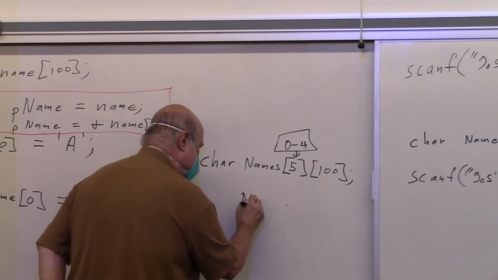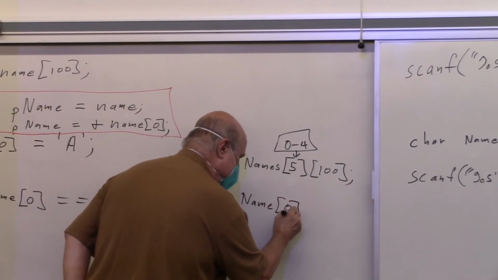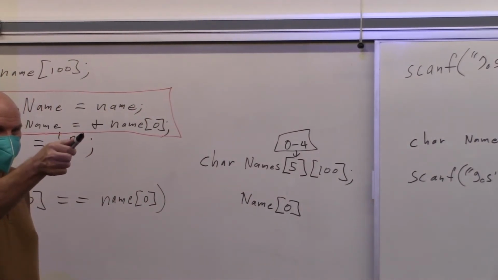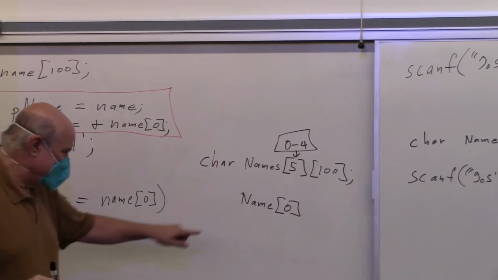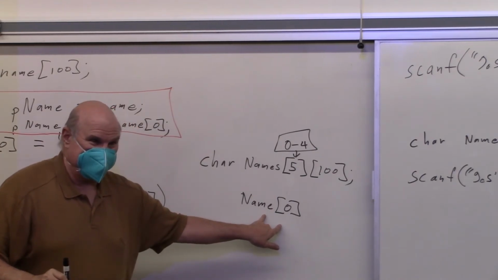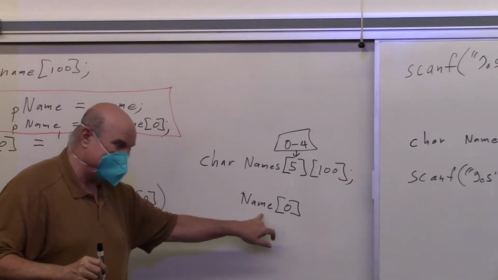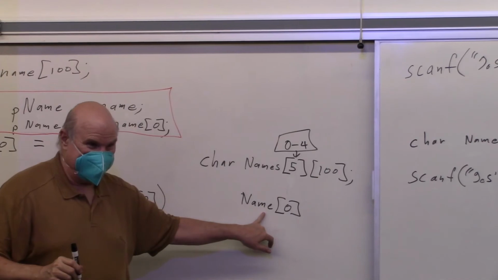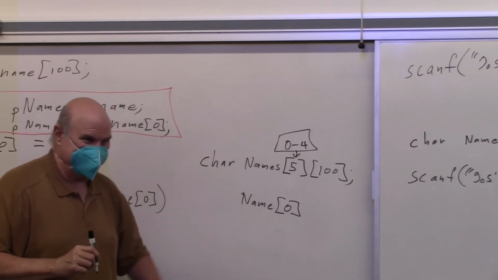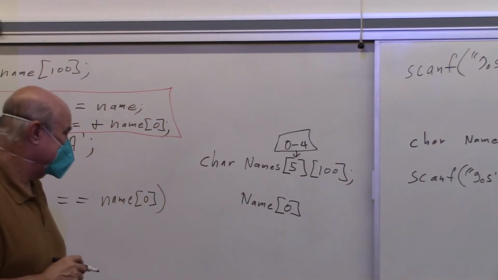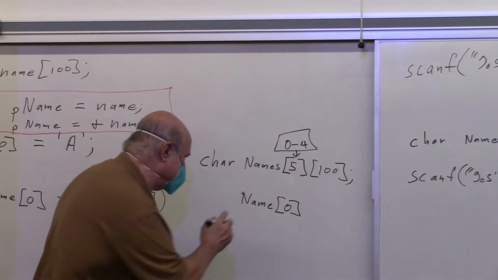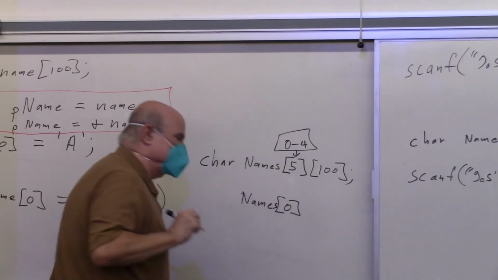So we want to use name sub 0. What is name sub 0? Is it a character? Is it a character array? Is it a pointer? What type is it? Oops, sorry. Names, plural.